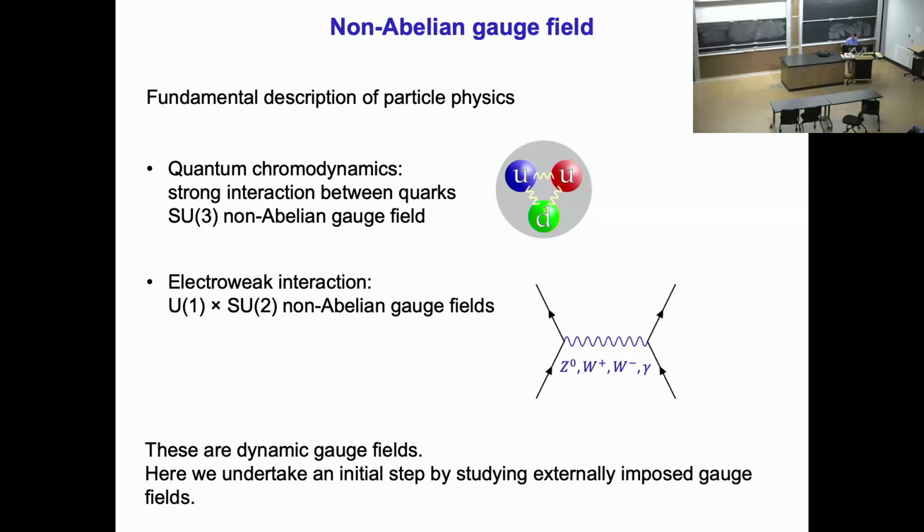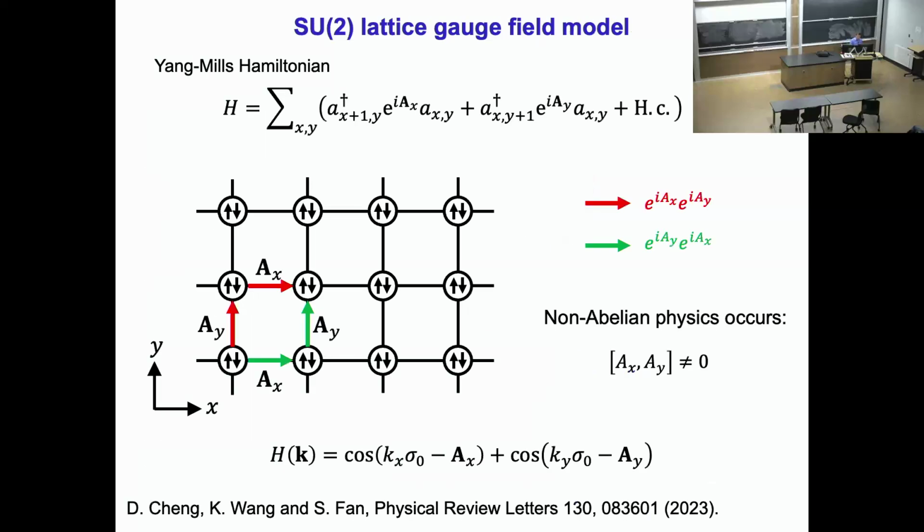It's not that easy to engineer the interaction of quarks, for example. So what we would like to do is to explore some of the consequences of these fields, but in a more experimentally accessible way. And so we look at this model, the SU(2) lattice gauge field model.